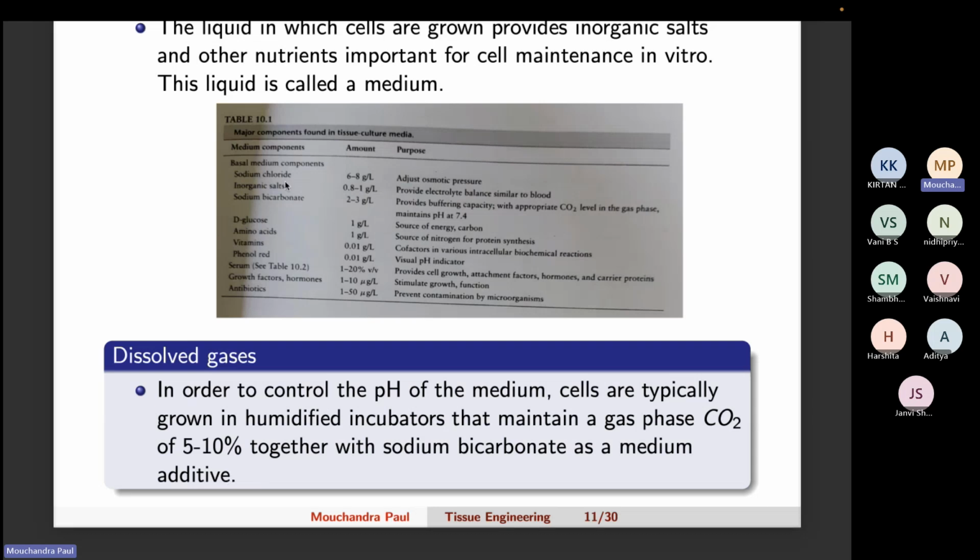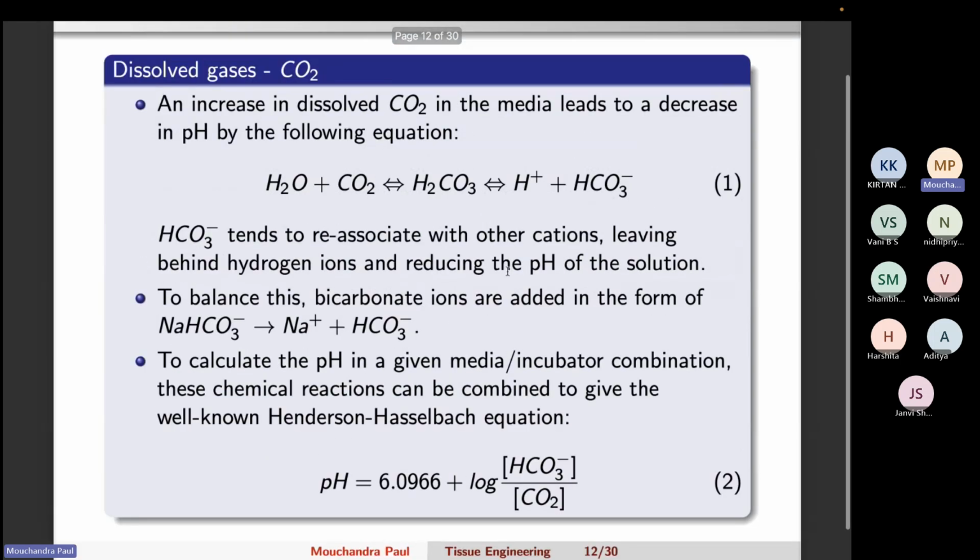And in the media, we add sodium bicarbonate. Why? In the media, obviously, the main constituent water is present, and when this water comes in contact with the CO2 in the environment, CO2 can easily get dissolved in the medium. The dissolved CO2, when it comes in contact with water, forms carbonic acid.